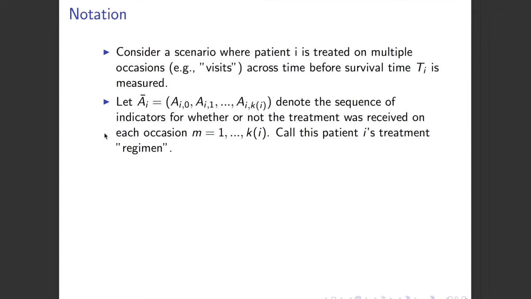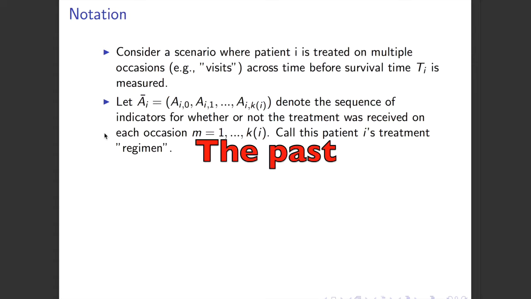A overbar sub i denotes the sequence of indicators for whether or not the treatment was received on each occasion m going from 1 to K of i. K of i is the last visit for subject i, and it changes from subject to subject. We'll call this patient i's treatment regimen.